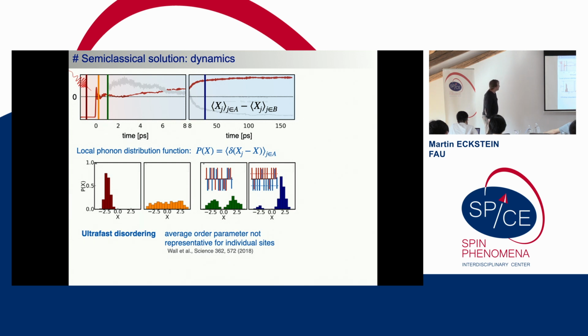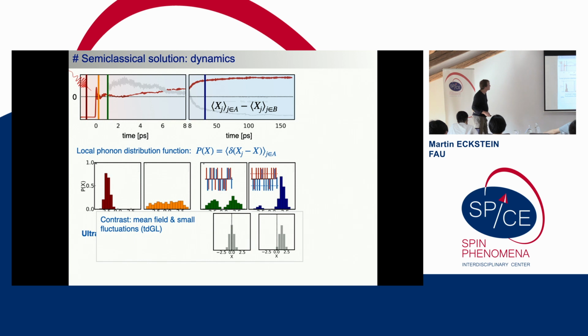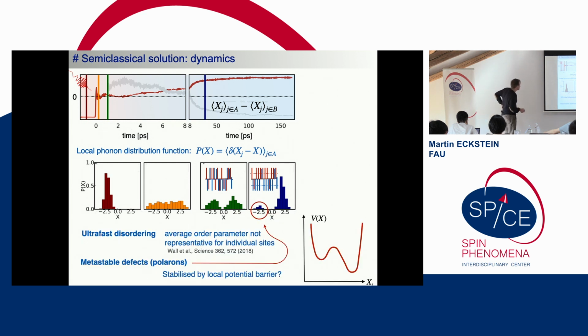Okay, so this would be the hallmark of a dynamics that undergoes via some ultra-fast disordering mechanism. You could view this intermediate state as one where there are some sites on one sublattice that have the wrong displacement, but they still have a certain metastable potential energy minimum, from which they can escape only by these stochastic fluctuations in the dynamics.